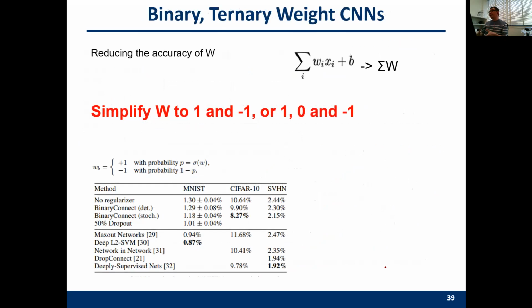Some people combine the idea of pruning and so-called quantization, reducing the bit width, together. They do some very extreme quantization. For example, they quantize the weight into only 2 bits, which is -1, 1 or 0.